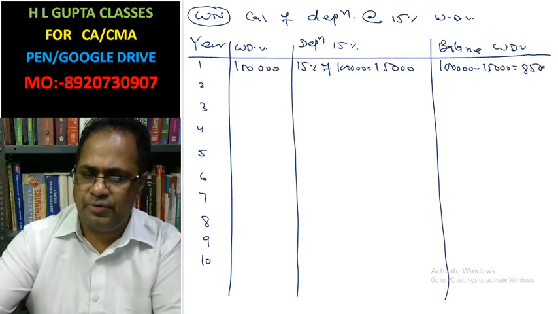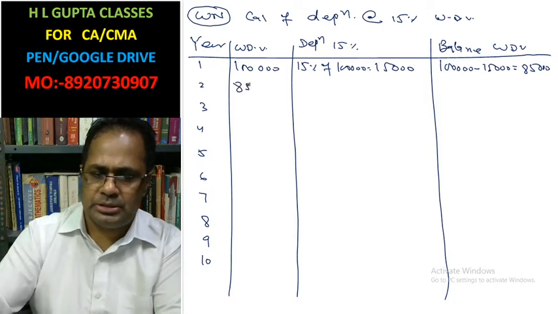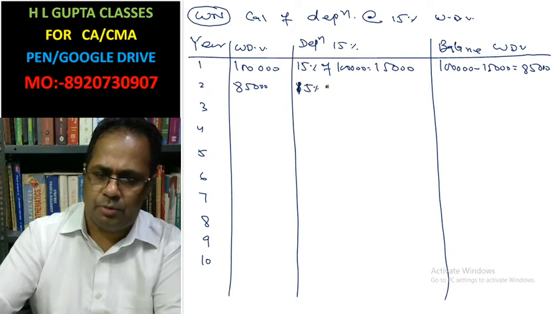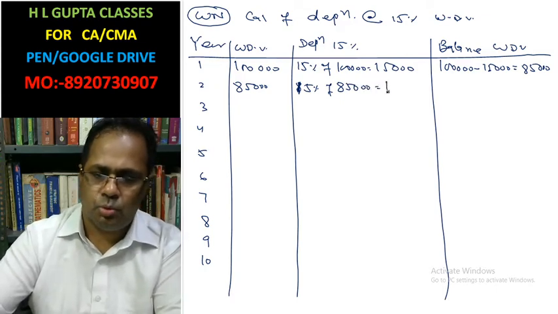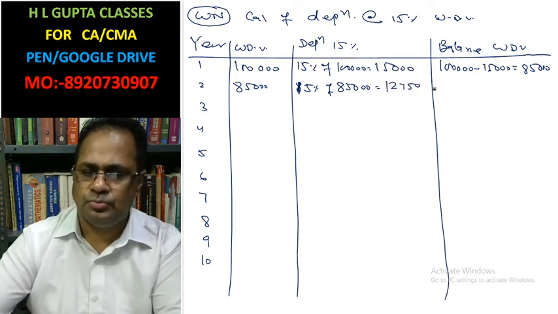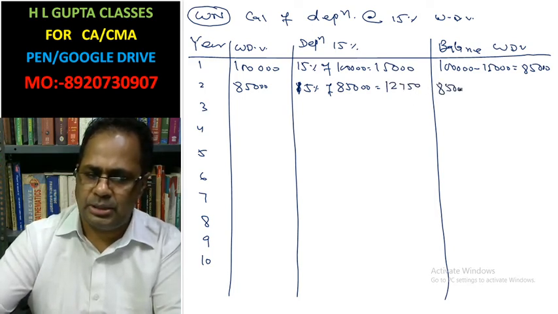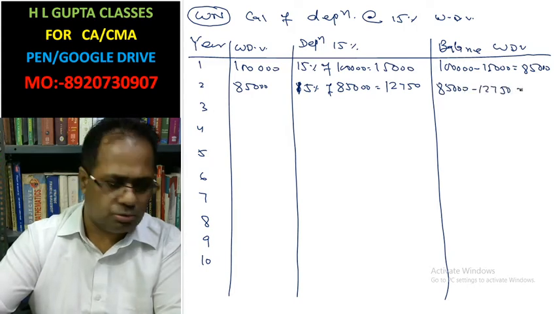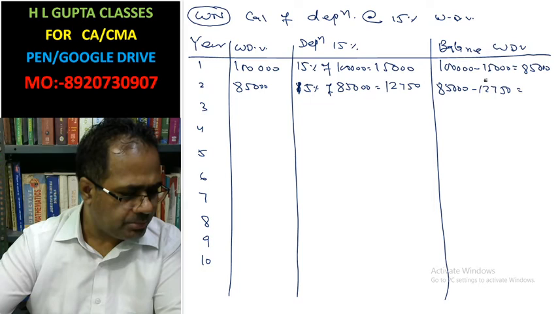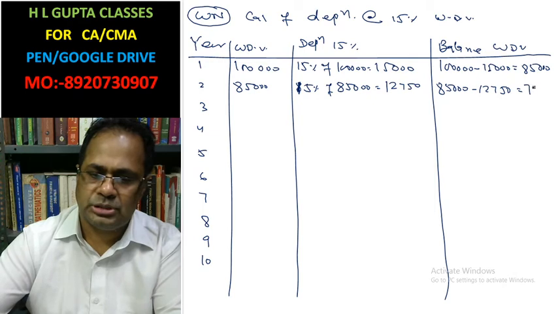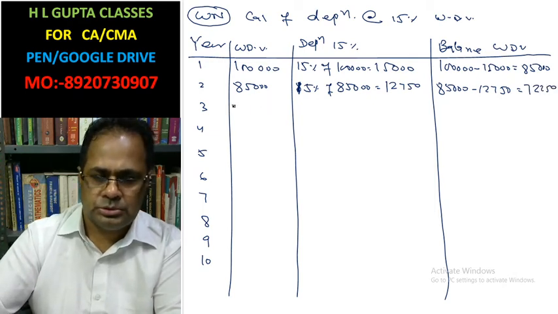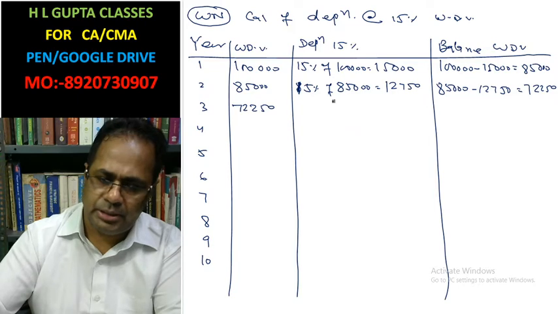This is 85,000. 15% of 85,000 here. This is 12750. This is 85,000 minus 12750, that is 72250. Now 72250.